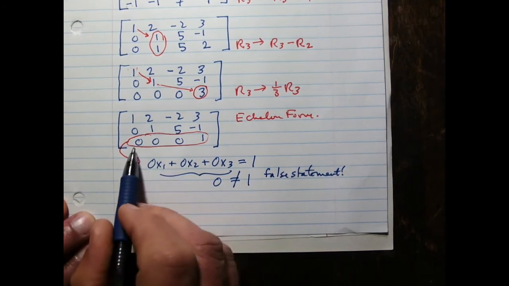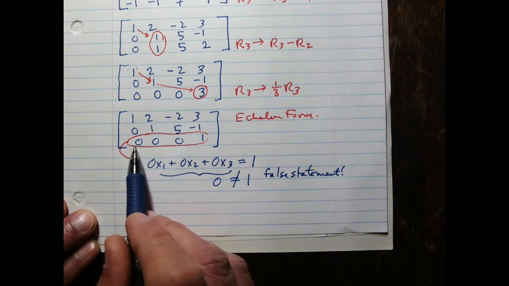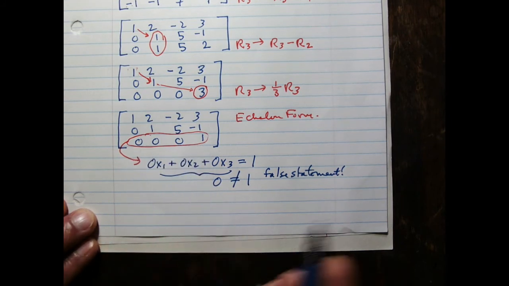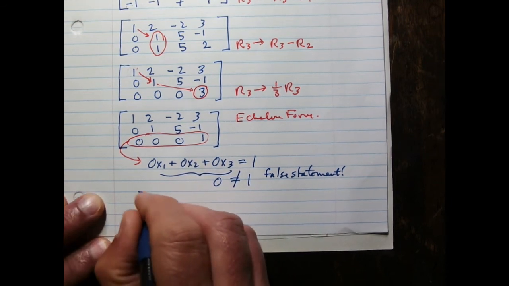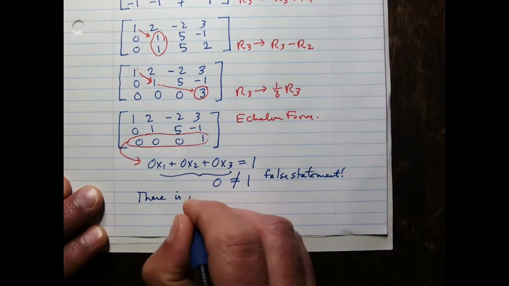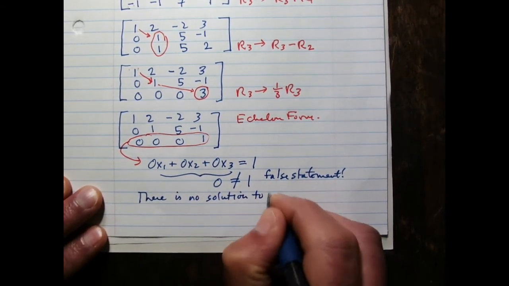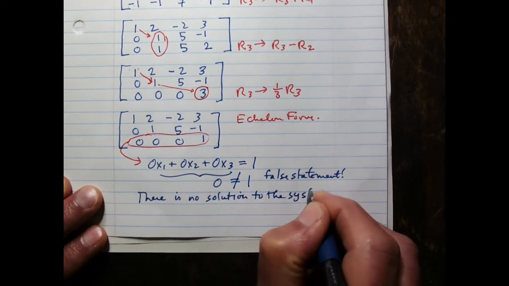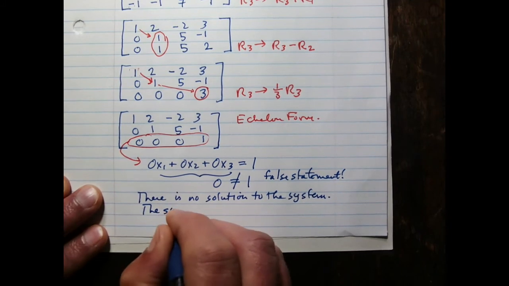We have to learn to recognize that. Whenever we get to a point where we have 0 equals a non-zero number, then there is no solution to the system. And using the language of our course, we would say the system is inconsistent.